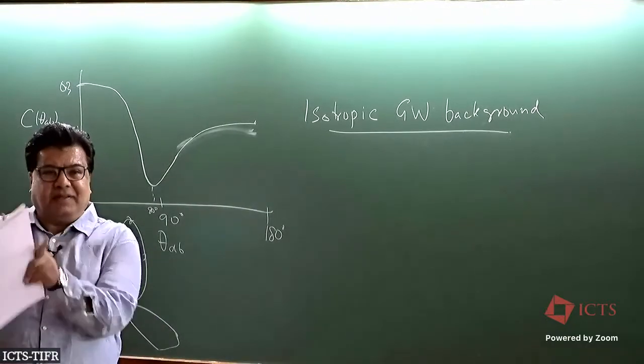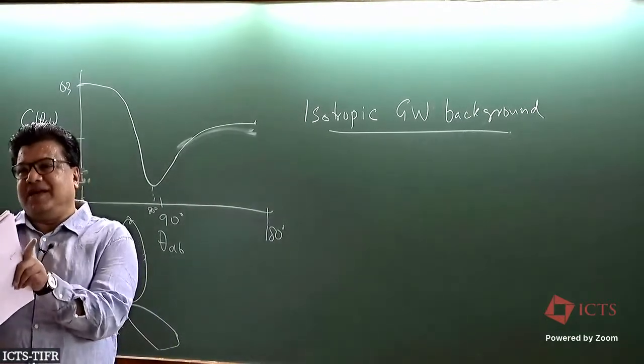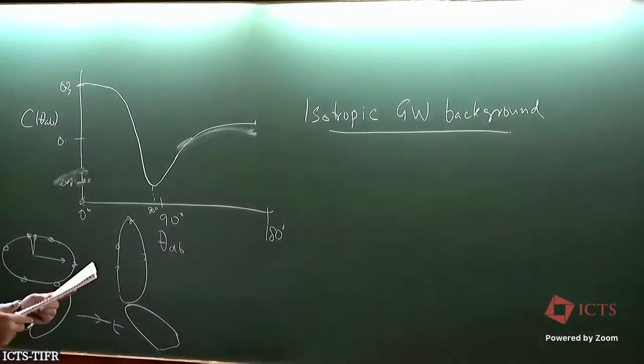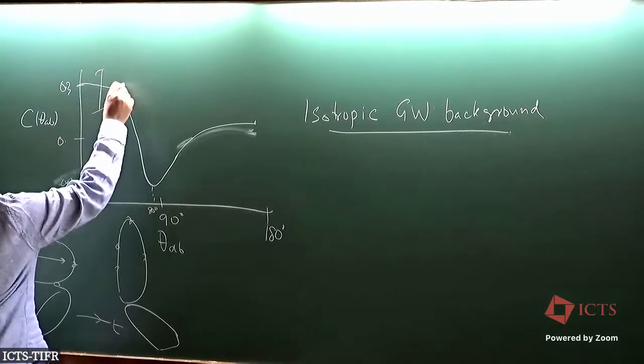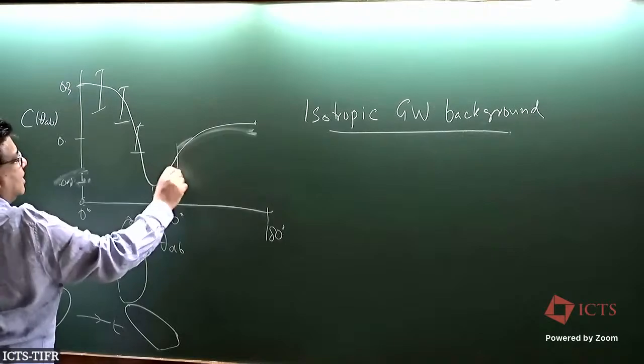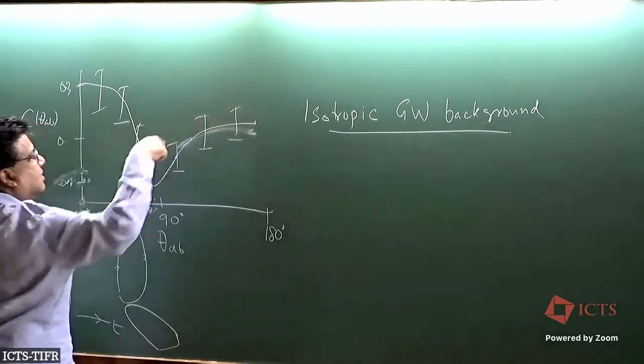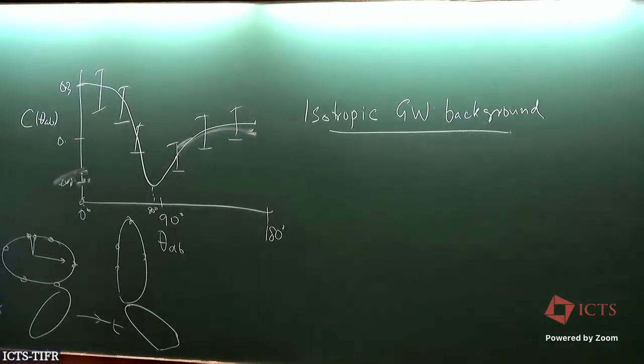The only correlation thing that matters is the two. So we will see how that comes. NANOGrav, etc., give you these observations, and then you can work out how statistically significant these observations are according to the theory, whether they fit this curve or not. So then how does this curve come about?